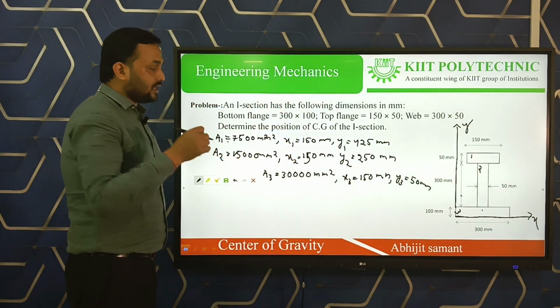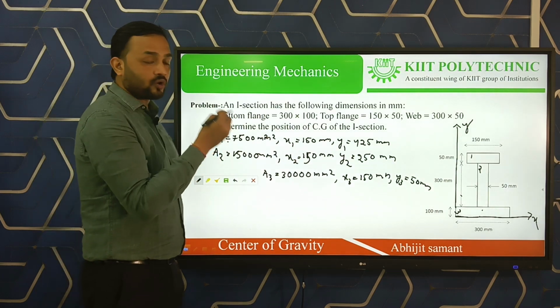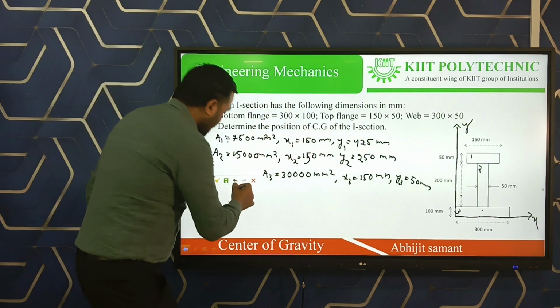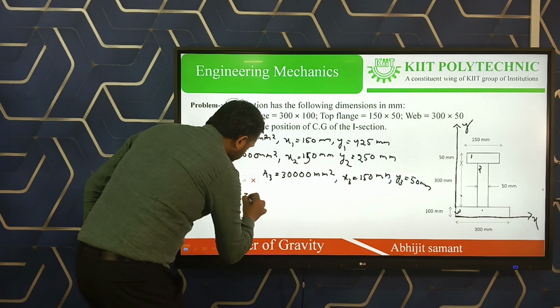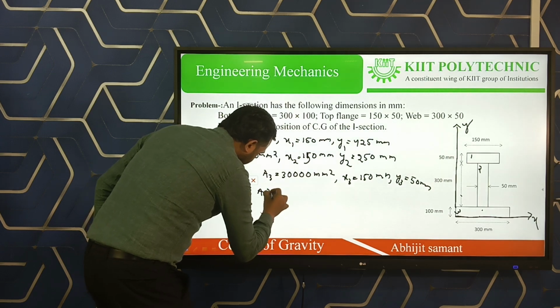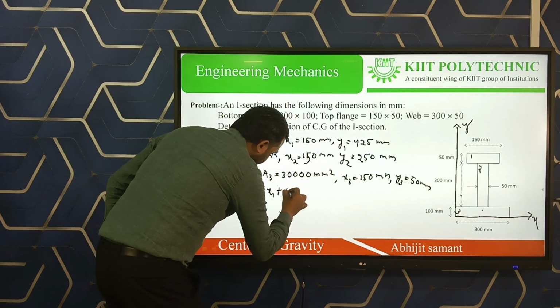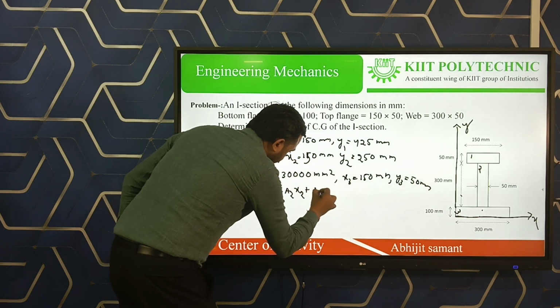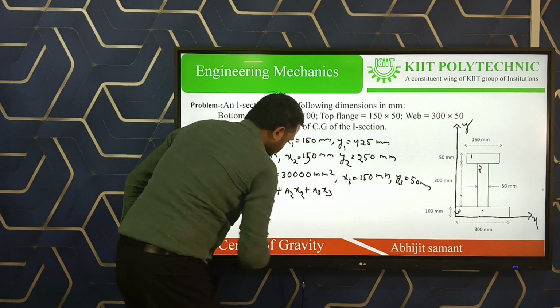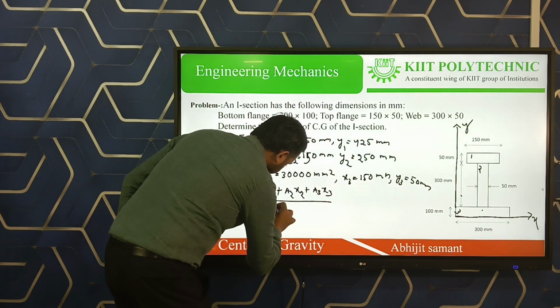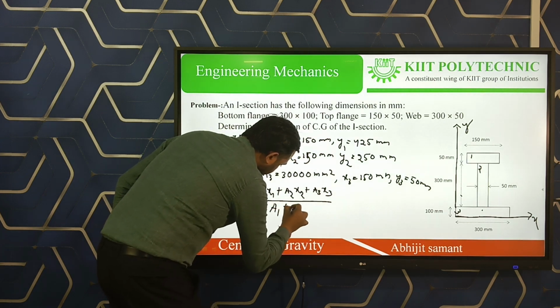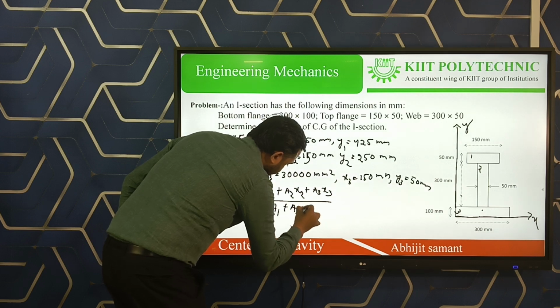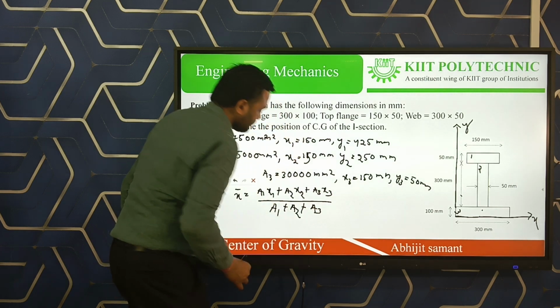Here we are using a formula: x bar is equal to A1 x1 plus A2 x2 plus A3 x3, divided by A1 plus A2 plus A3.